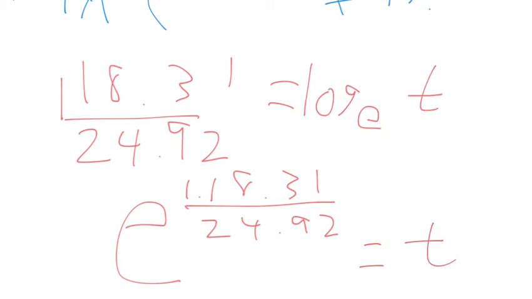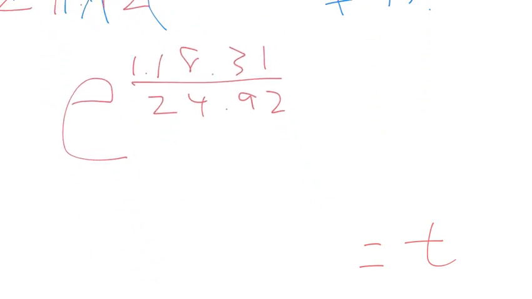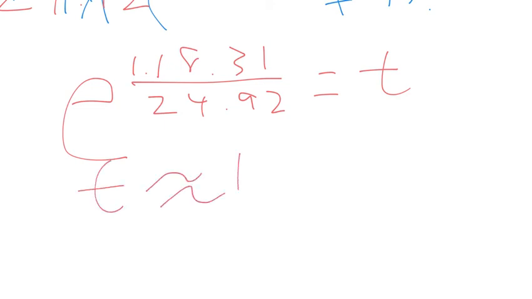So if you type all that into your calculator, e raised to a power of 118.31 divided by 24.92, that would tell you the approximate amount of time after 1900. So typing that in gives you t is approximately 115.